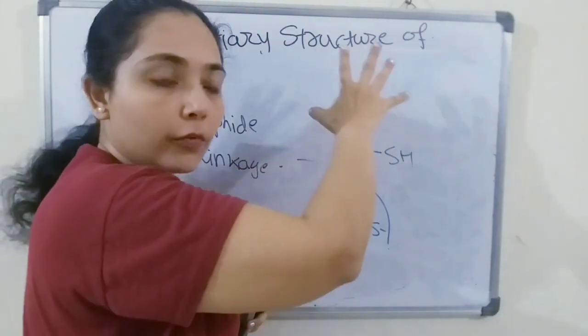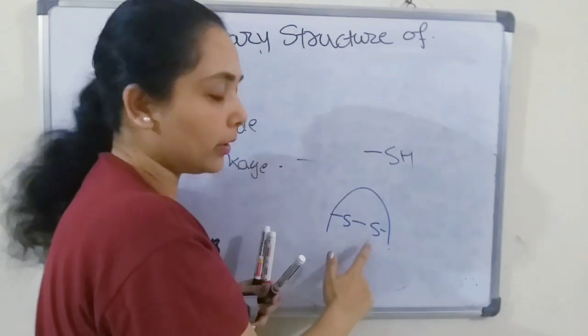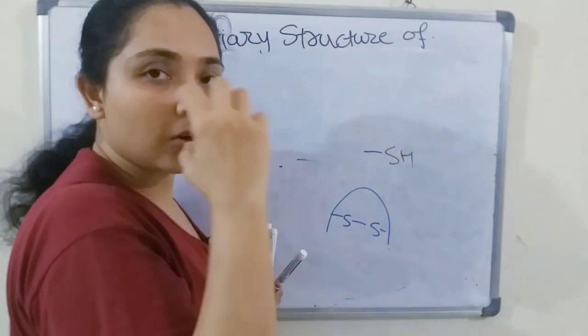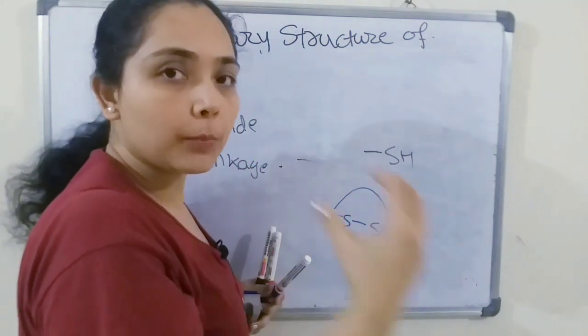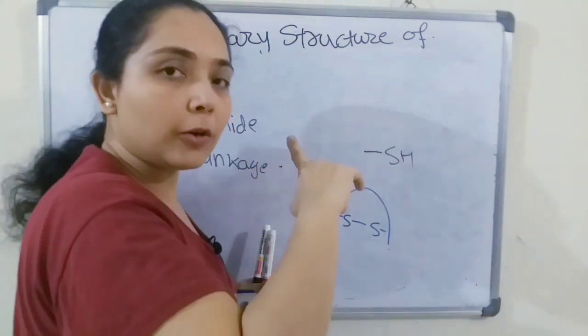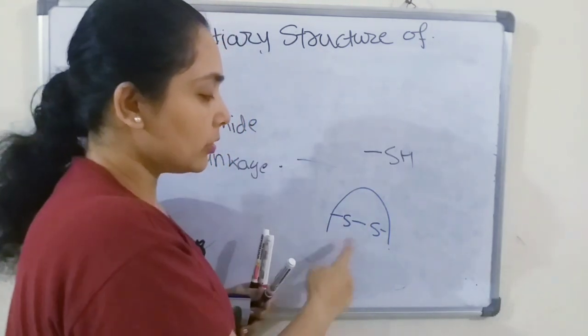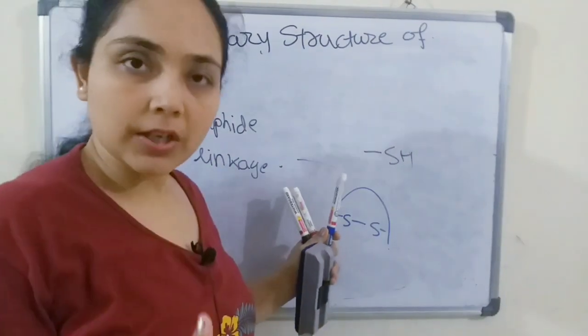Peptide bond is also a covalent bond, so apart from the peptide bond, this is one more covalent bond. This disulfide linkage holds the protein together, stabilizing the protein structure. This is the disulfide linkage present in the tertiary structure.